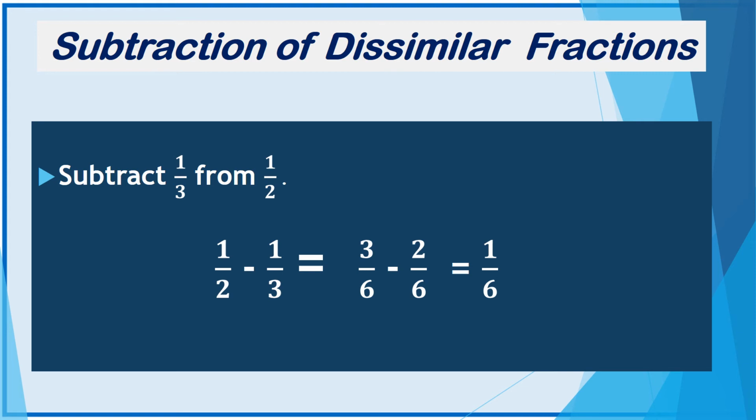So 6 divided by 2 is equal to 3, times 1 equals 3 as the numerator of 3 over 6. Next, 6 divided by 3 equals 2, times 1 equals 2. So we have here 2 over 6.